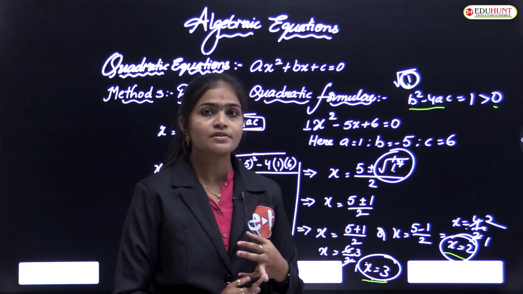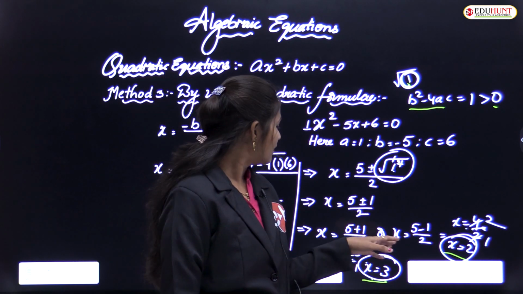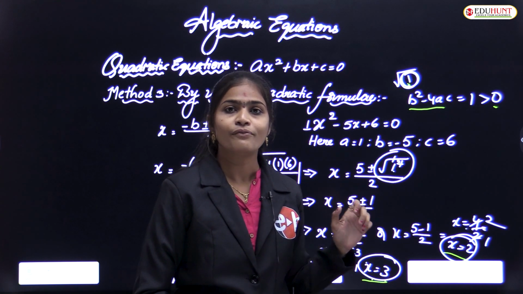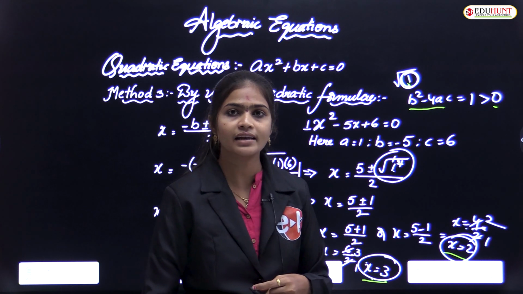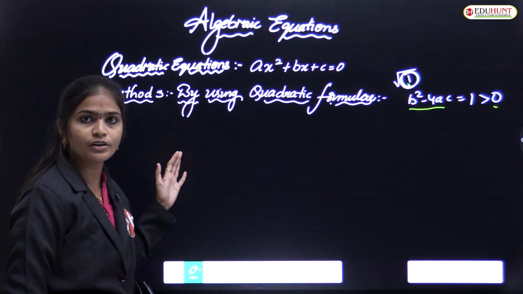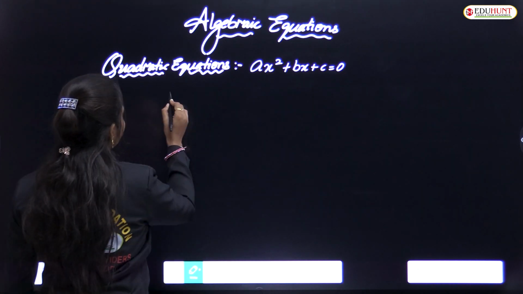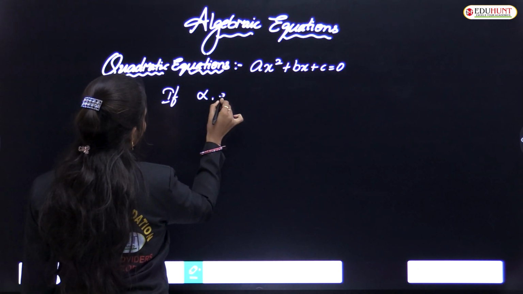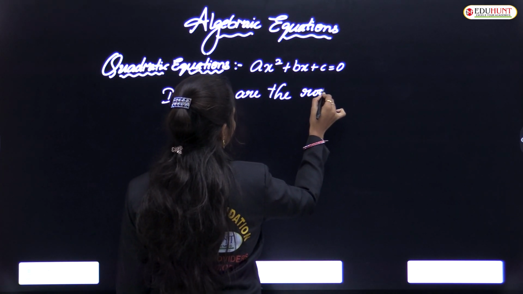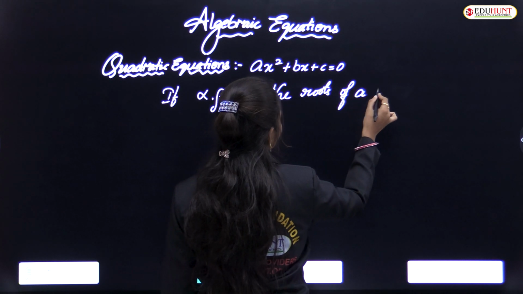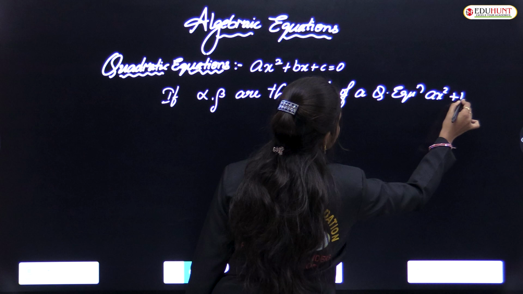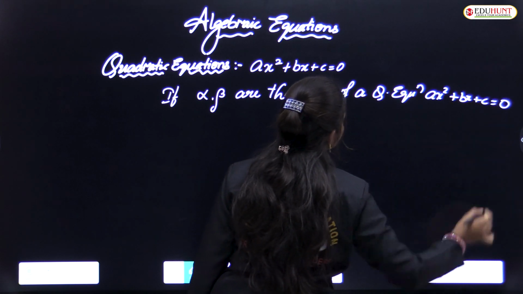Just for extra knowledge, I will tell you how to find the equation using these three methods. For your extra knowledge I am saying that if alpha comma beta are the roots of a quadratic equation ax square plus bx plus c is equal to 0.